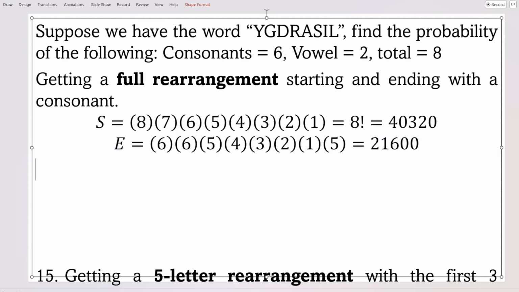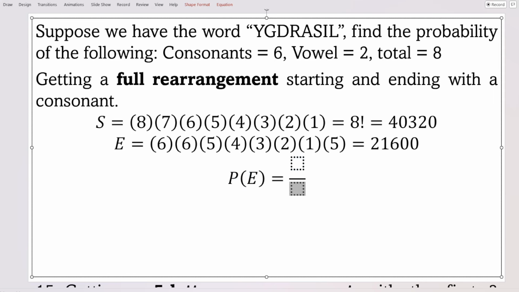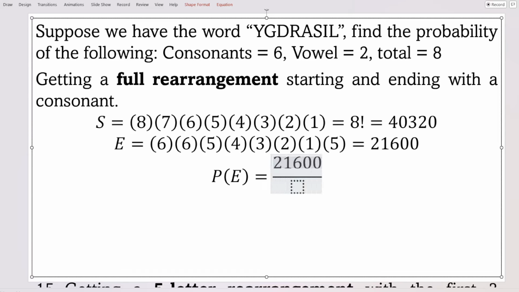Of course, to find the probability of E, this is again the event that we are looking at, 21,600, divided by all the possible events. Putting this in the calculator, the lowest term is 15 over 28.